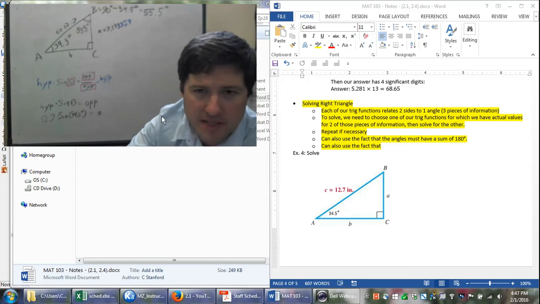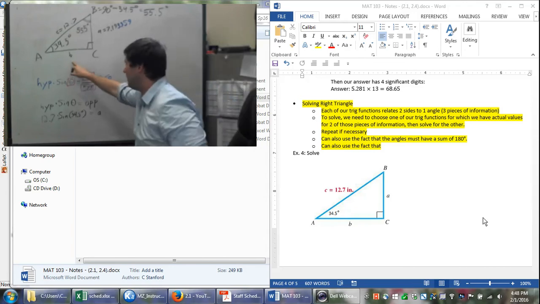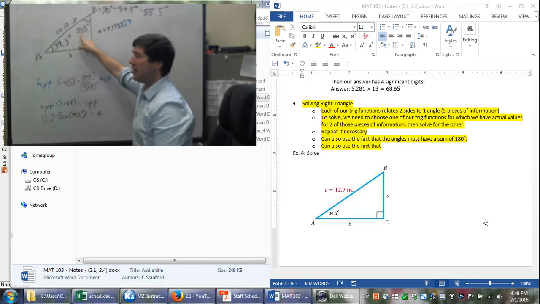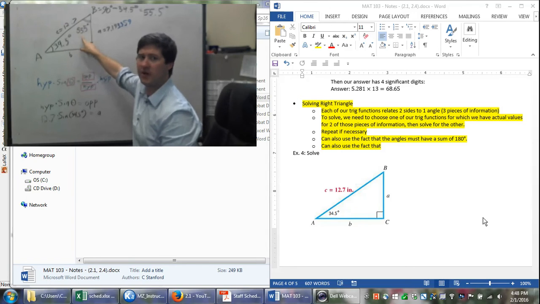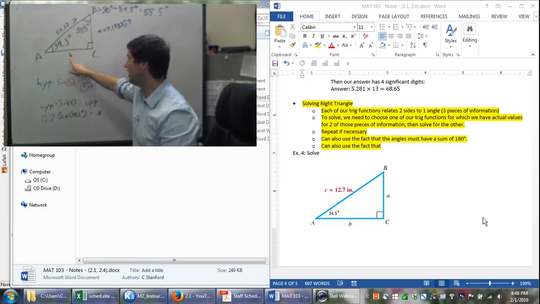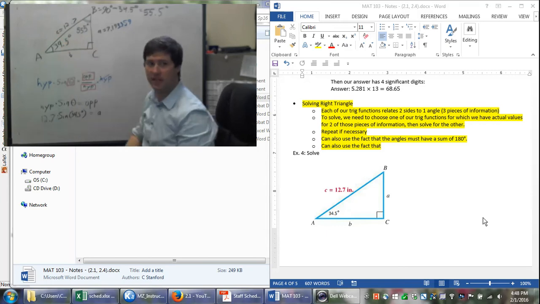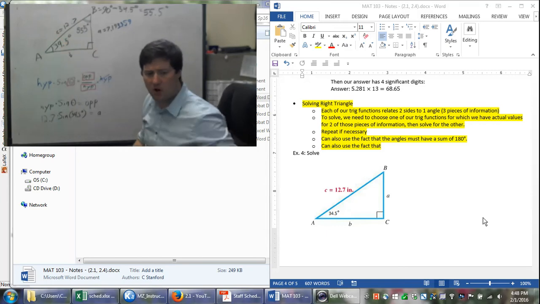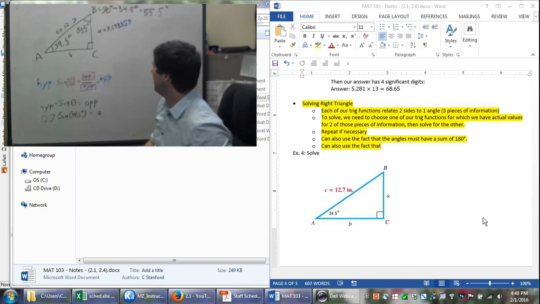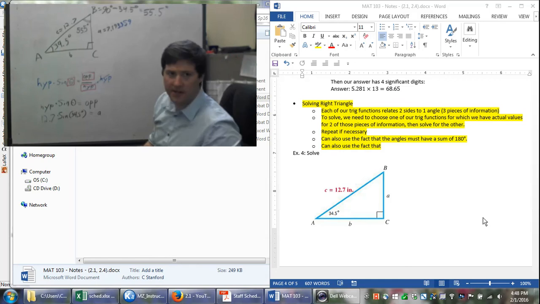Okay. So how do I want to find B? Like I said, I could use the Pythagorean theorem. I kind of feel like I should here. We've got a lot of options. I could use the cosine of this. The cosine relates my adjacent side to the hypotenuse. That's a really nice option because it doesn't use this imprecise measurement.